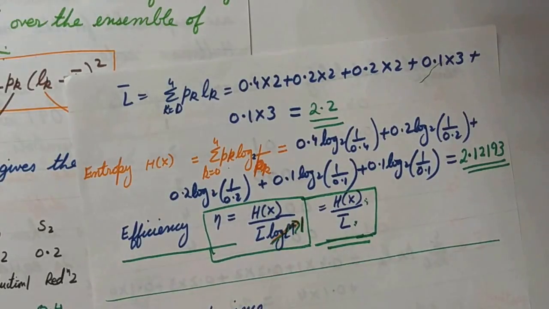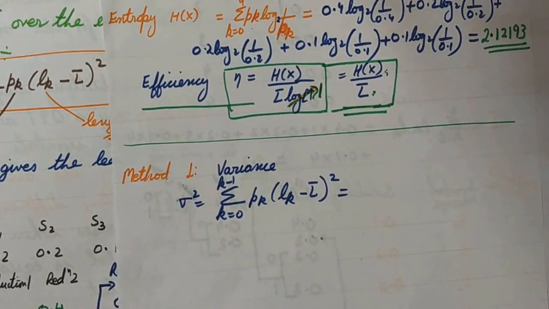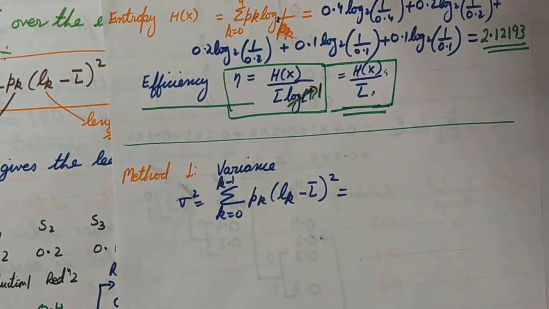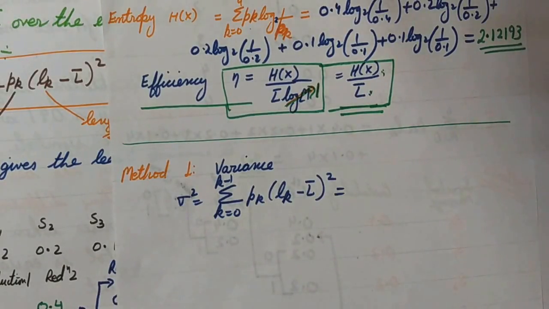But if I talk about variance, both the methods are giving different code word lengths for individual messages, in spite of the fact that the average code word length L bar is the same. So for this reason, we are going to calculate the variance for both method 1 and method 2.